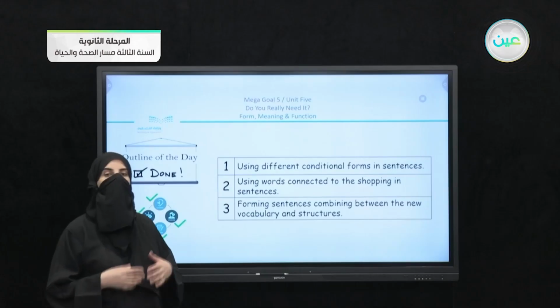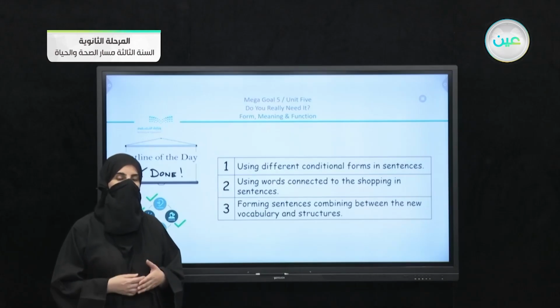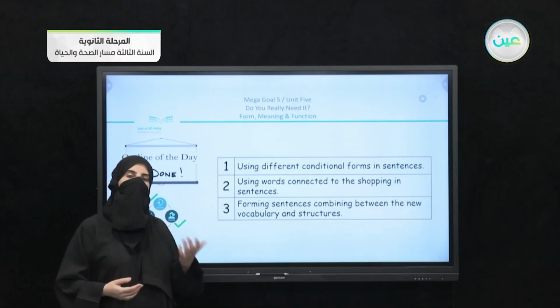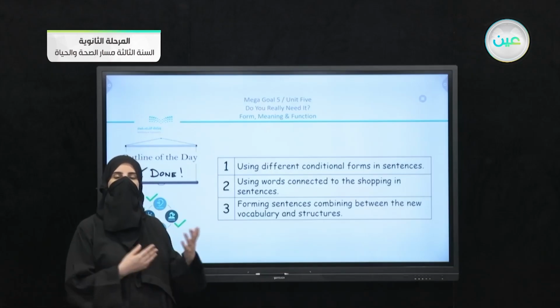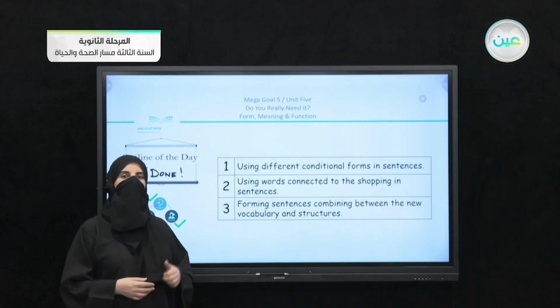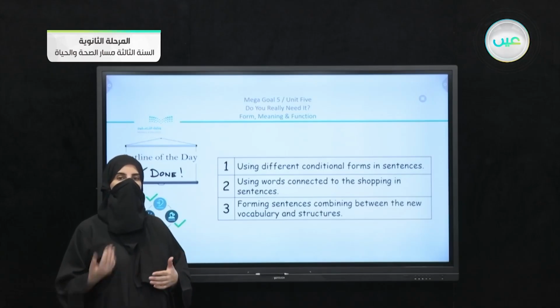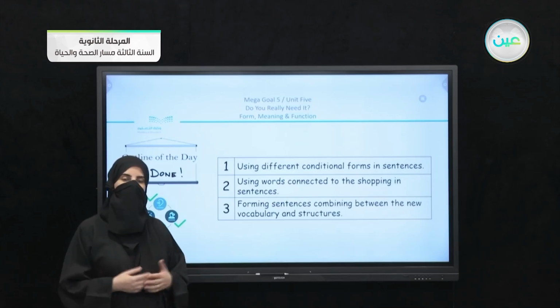Now you can see from the lesson that we dealt with meaning, and we have here the form and function dealing with the if conditionals, and we know that we have zero conditional sentences, we have first conditional sentences, we know when to use when or unless with these sentences, and when we can use also may and might in the sentence.